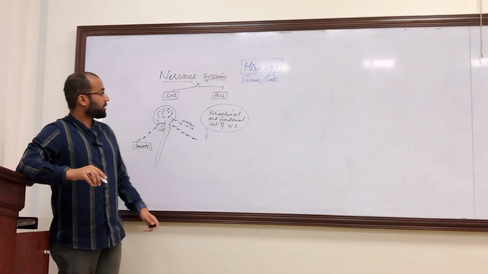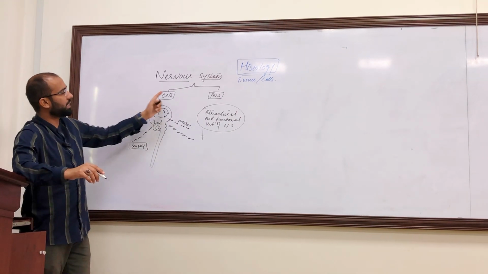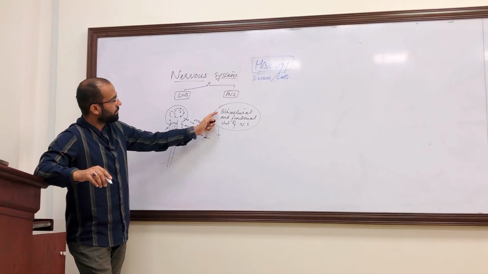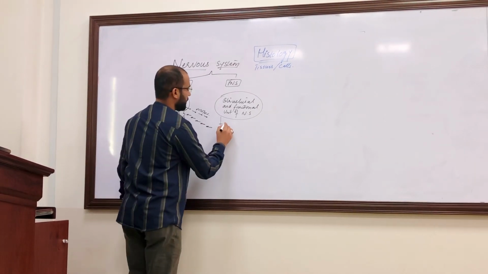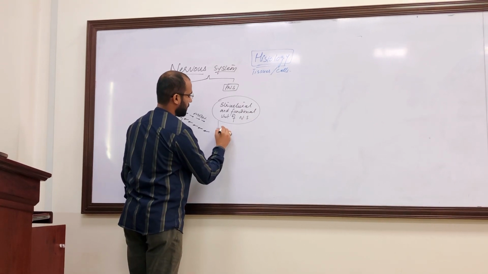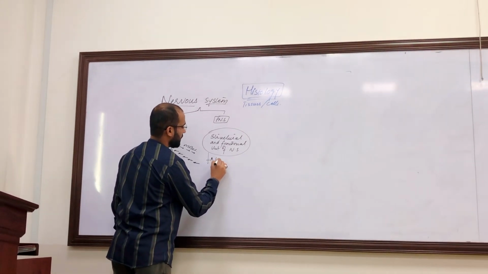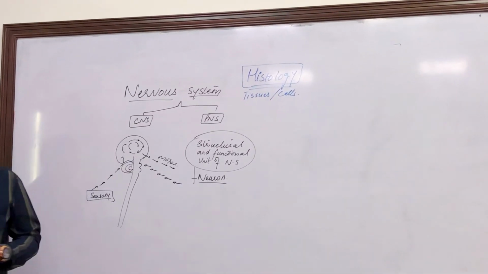No, not the brain. I am not talking about the CNS and PNS. The structural and functional unit of the nervous system is, yes, of course, cells, and there are many cells, but the major one is the neuron. This is the neuron.